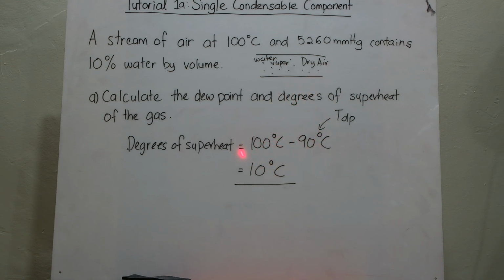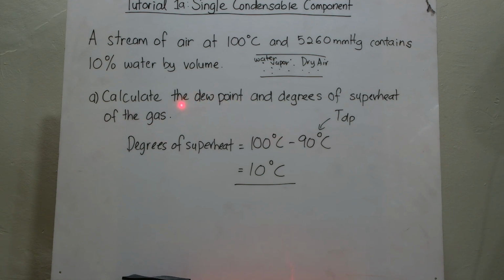So the system temperature initially was 100 degrees C minus T dew point, then you get degrees of superheat of 10 degrees C. So this is the method for how you calculate dew point and degrees of superheat of the gas.